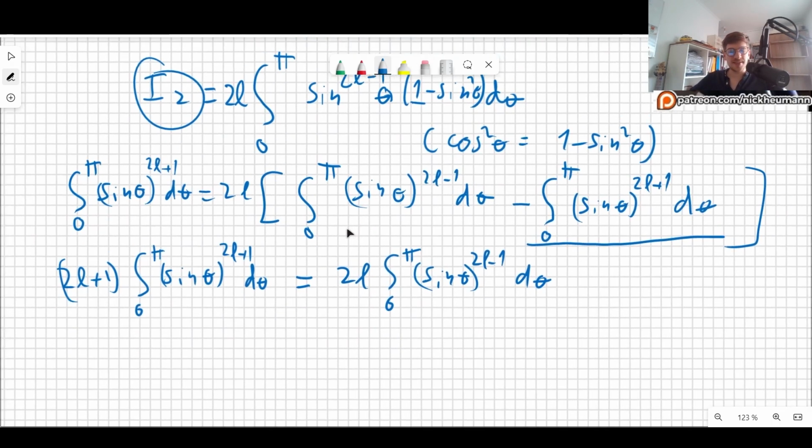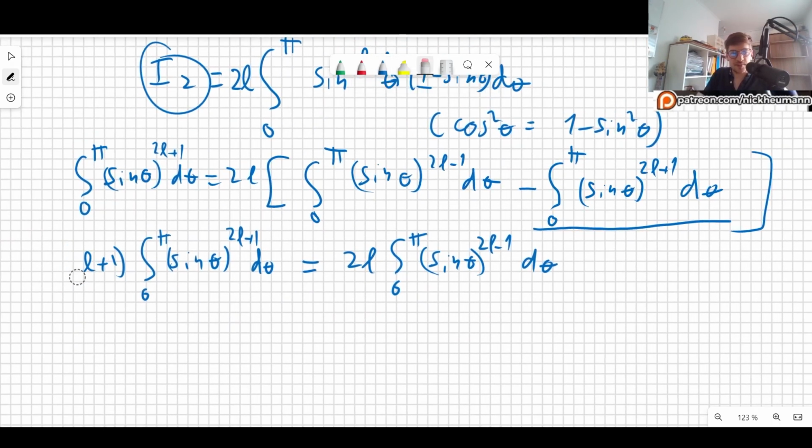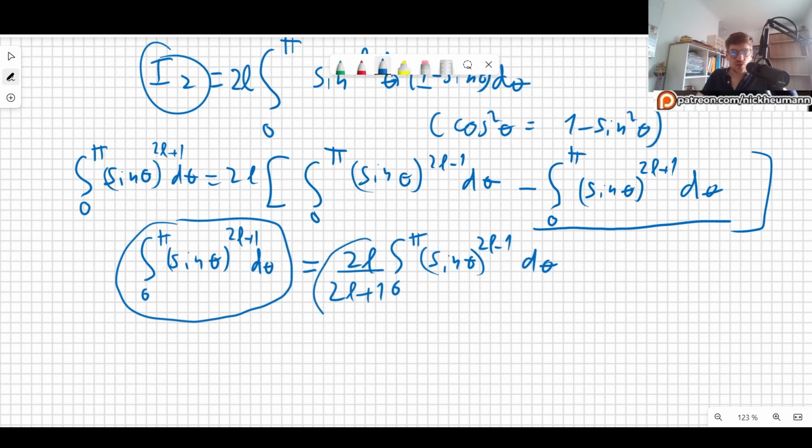Basically, if we divide by 2L plus 1, we can see that if we have an integral with an odd power of sine, we can write it as 2L over 2L plus 1 times the integral of sine to the next lower odd power.